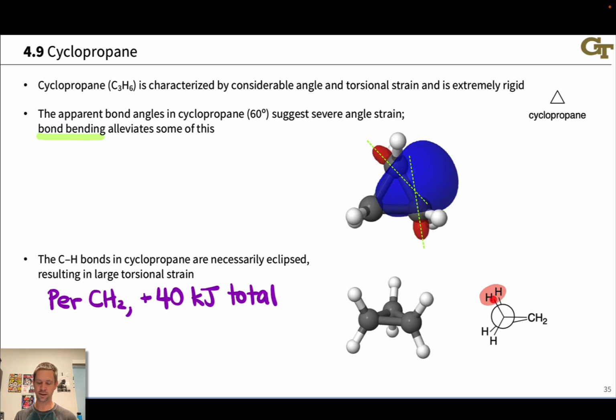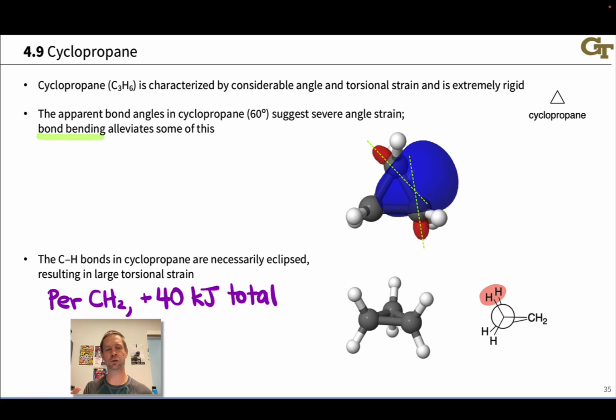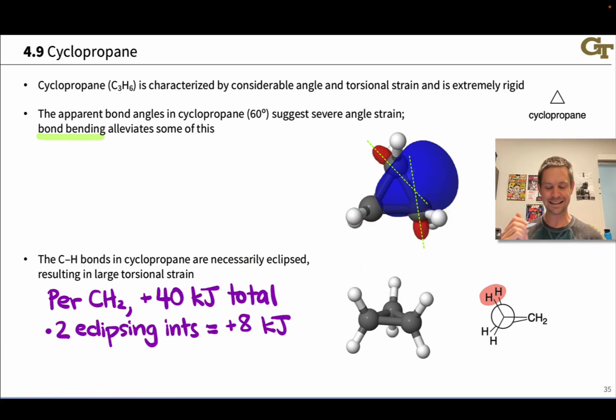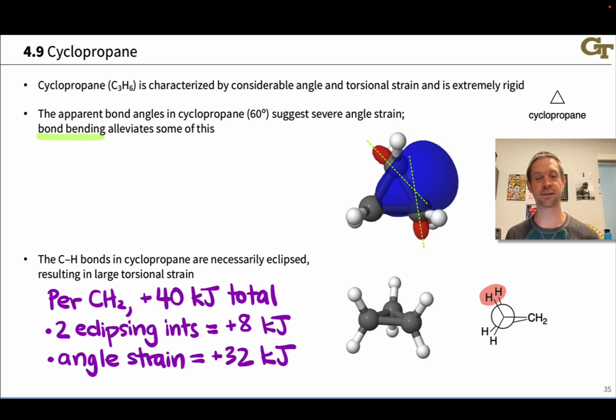For example, this CH2 right here has an eclipsing interaction here and an eclipsing interaction here. We previously noted that those are worth 4 kilojoules per mole each, right? So we could decompose this 40 kilojoules of instability into the 8 kilojoules per mole due to the eclipsing interactions, and then the angle strain, which is basically responsible for the rest, a whopping 32 kilojoules per mole.